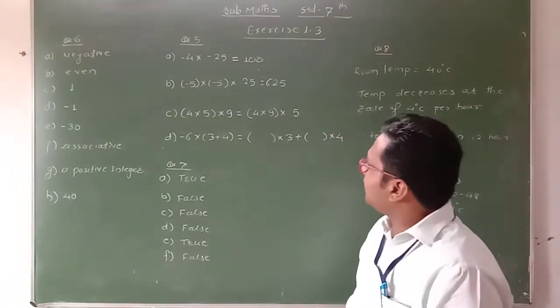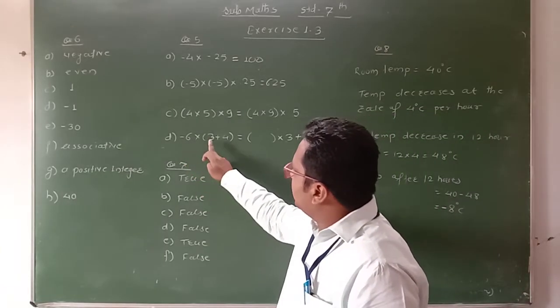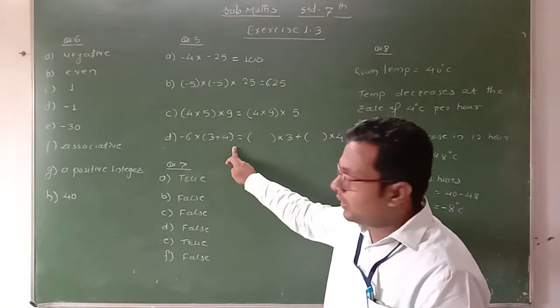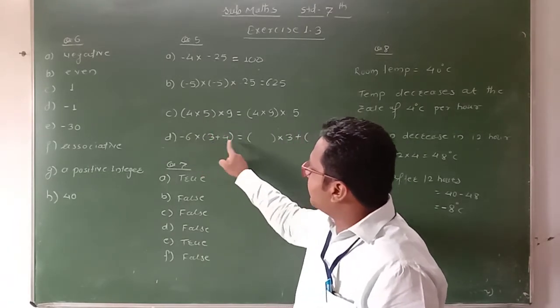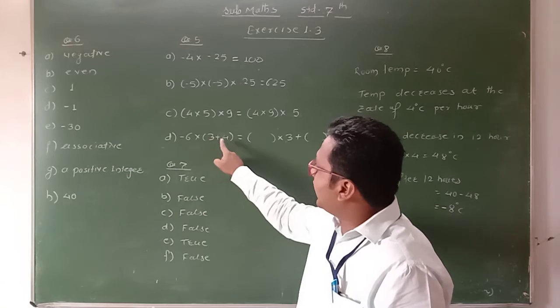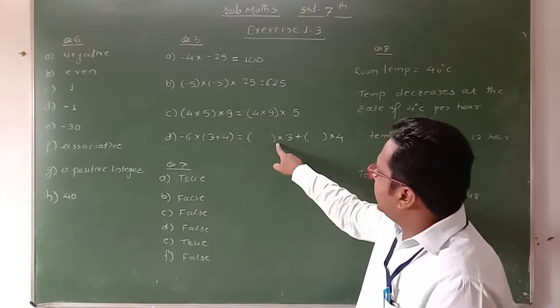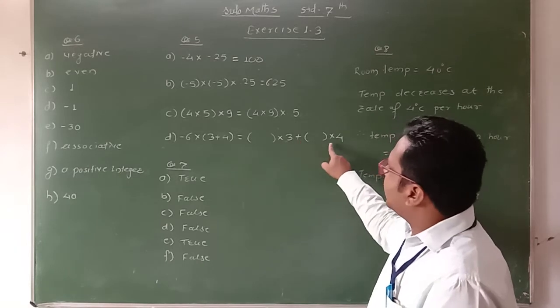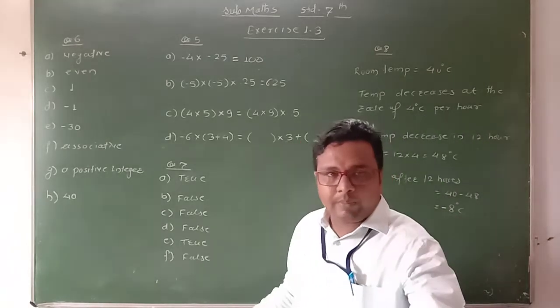Okay. Then the next question D is given: -6 into 3 plus 4. It is the multiplication of -6 with this bracket. In this bracket there is the addition of 3 and 4. On the right hand side it is given blank into 3 plus blank into 4. Now which property do we remember here?